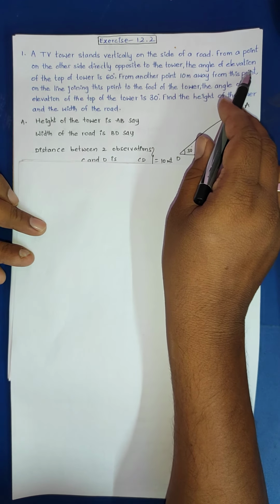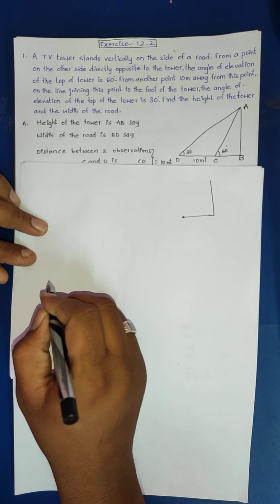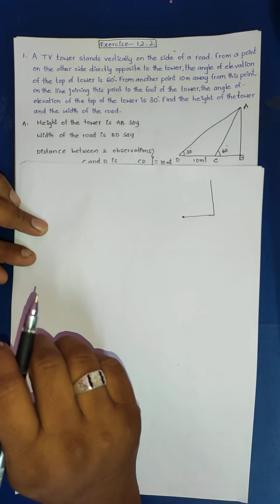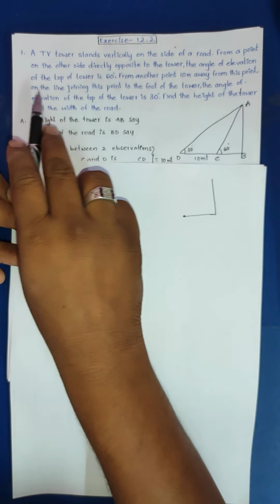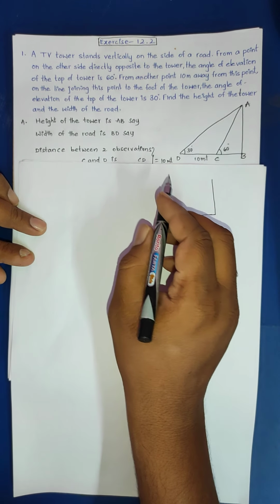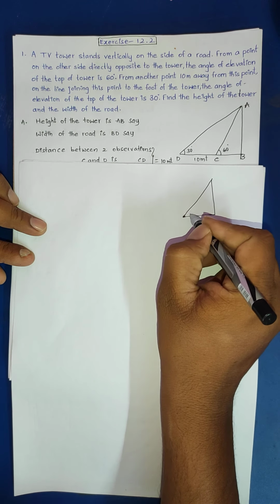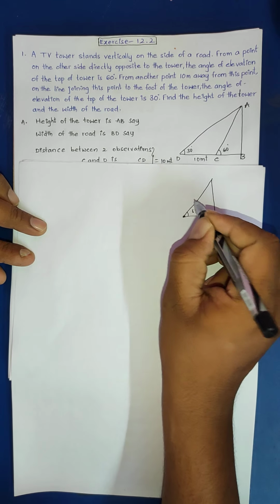The angle of elevation. Elevation means above. Depression means below. The angle of elevation of the top of the tower is 60 degrees. Look, like this, 60 degrees.